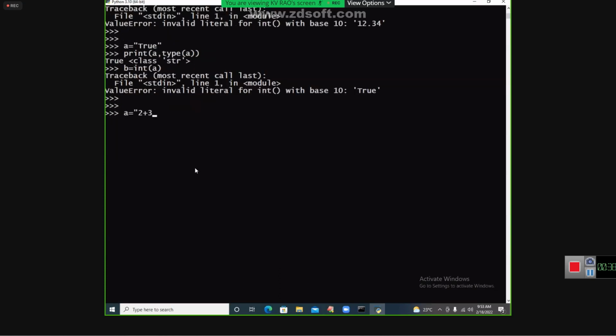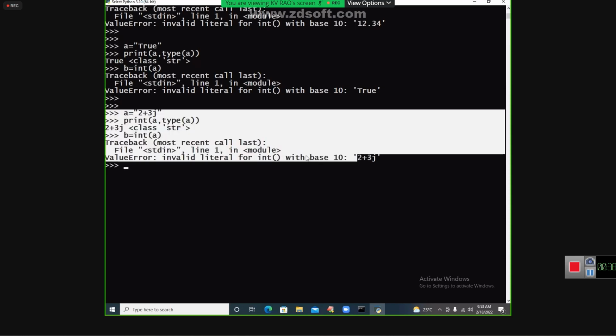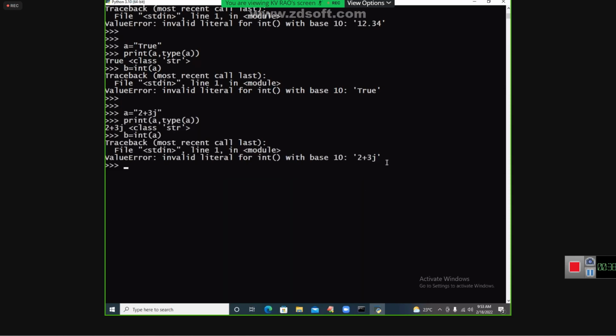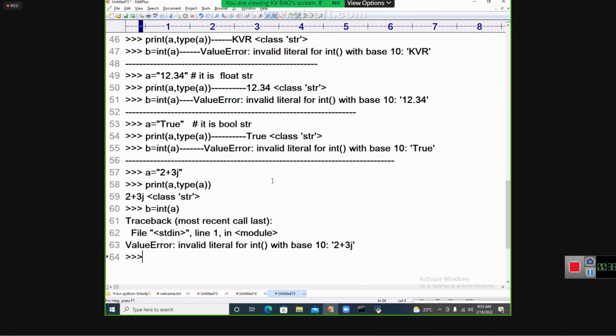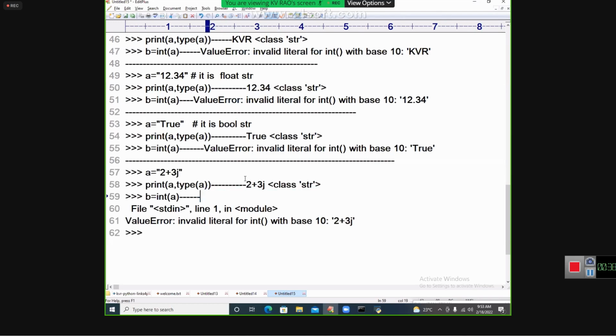Double quotes 2 plus 3j, and print of a, str only. Is it possible to convert? Even a normal complex is not possible to convert, so how can you expect a complex str to be converted? Error. This is also an error. See how easy it is, my dear students. If I cover these things, tomorrow any written test that comes, these are compulsory questions.